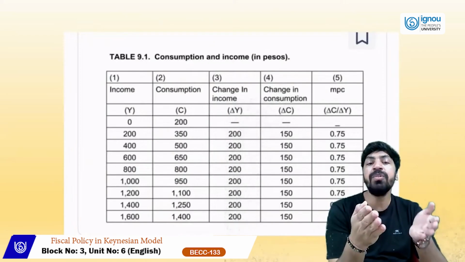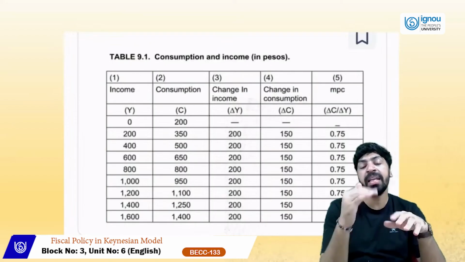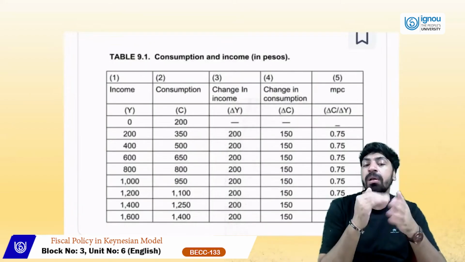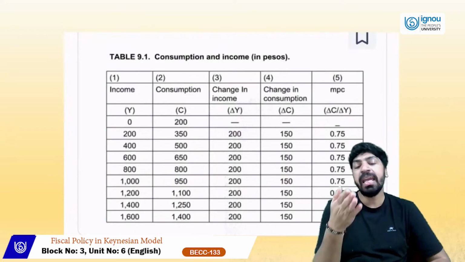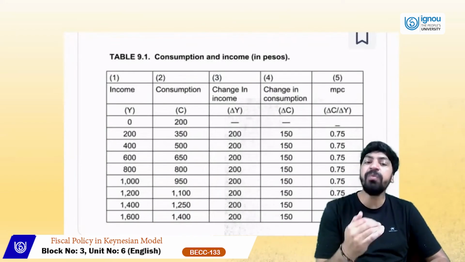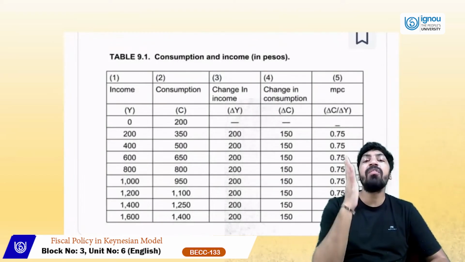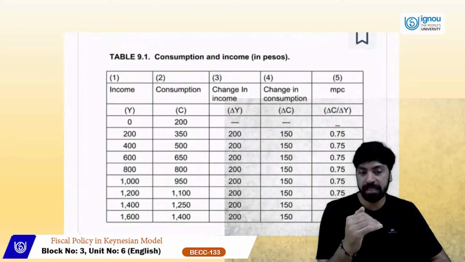If you look at the consumption, it is 200, 350, 500, 650, and then 800. So if your income is less than 800, the table proves that the consumption is increasing from 200 to 650 units.